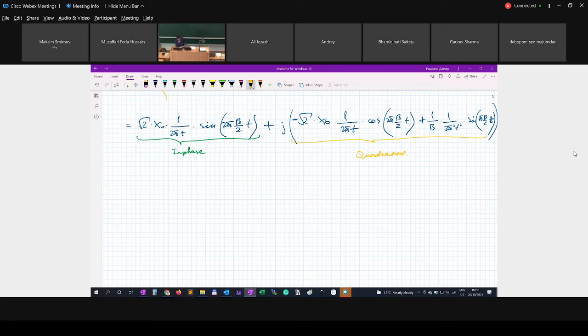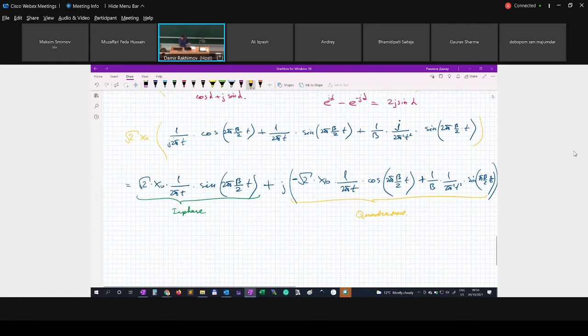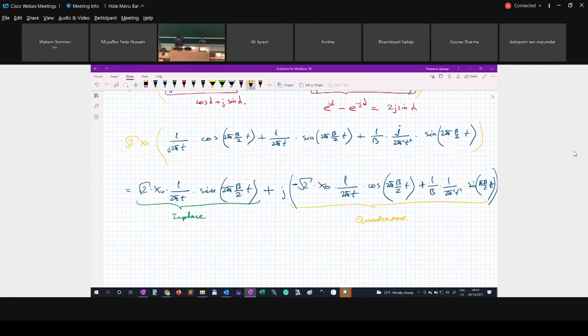I just want to check if we get what we're supposed to get. If I didn't forget the scalar, looks like I forgot it. Yes, I forgot the scalar because I had to multiply by square root of 2 x0 in the second part too, and I didn't do it.